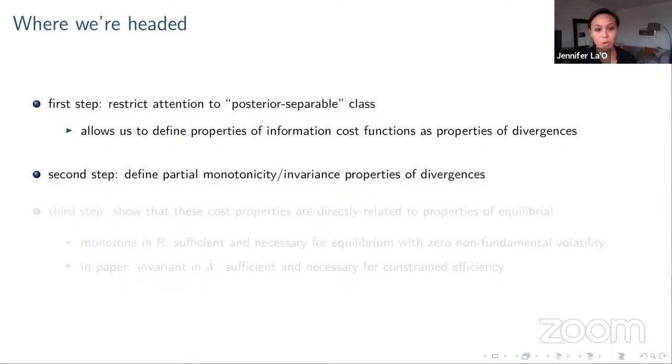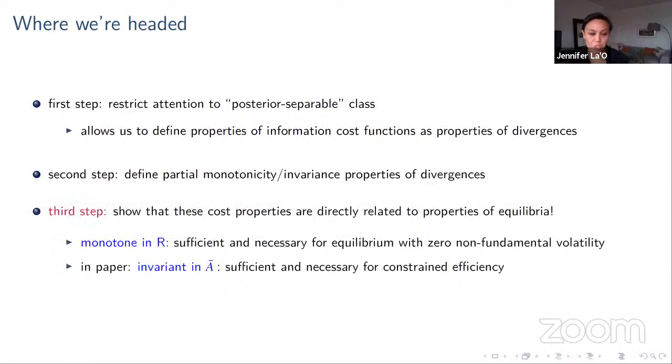All right, so that's what we've done so far. We've defined these partial monotonicity and partial invariance properties of divergences. And then the third step is to show that these cost properties are directly related to properties of the equilibria. There are two things we show in the paper. One is that monotonicity in R is sufficient and necessary for equilibria to have zero non-fundamental volatility. And I'm going to try to show you that today in my last 15 minutes.